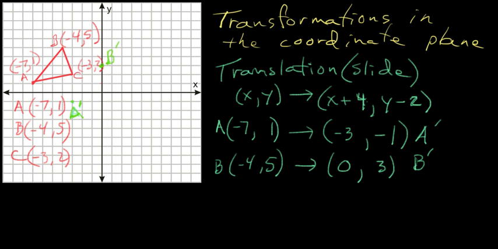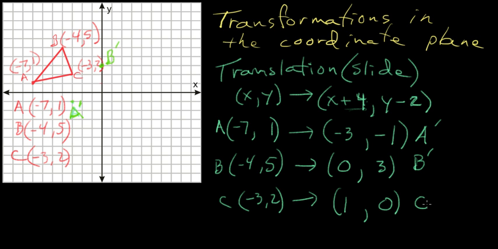And then finally, let's do the same thing with C. C is negative 3, comma 2, and that's moving to, well, let's see, negative 3 plus 4 is positive 1. And 2 minus 2 is 0.